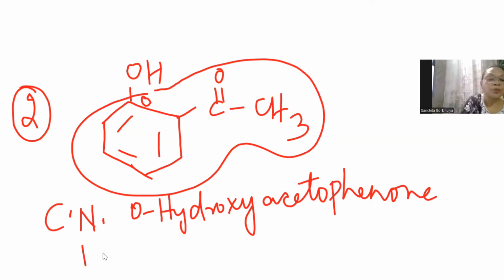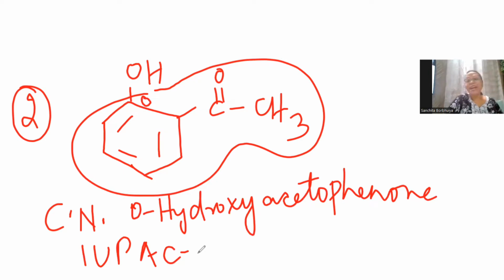And the IUPAC name. See, we are yet to discuss the common and IUPAC names of aldehydes and ketones. So before that, I had to take up this discussion because of the priority of the groups. So for the IUPAC name of this compound, see, this is an ethanone.